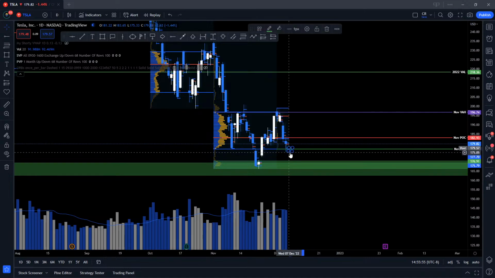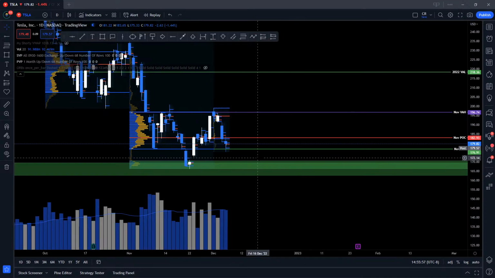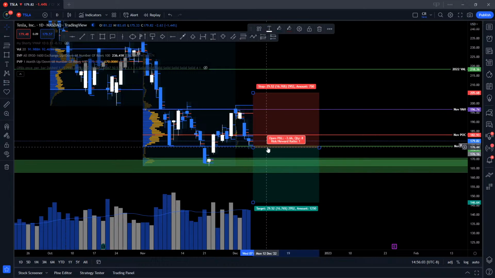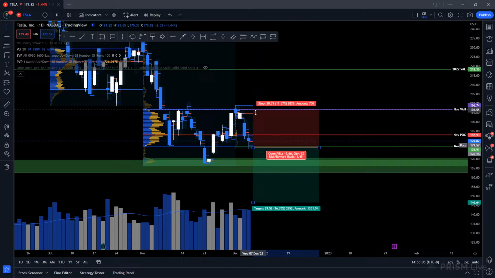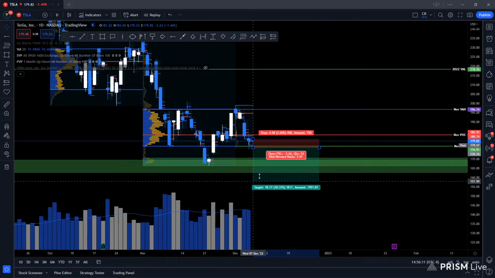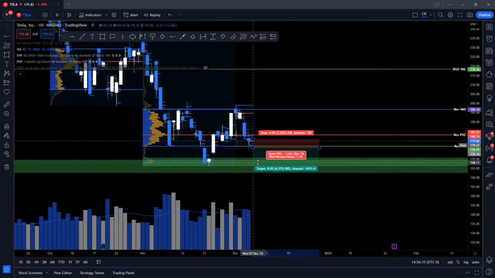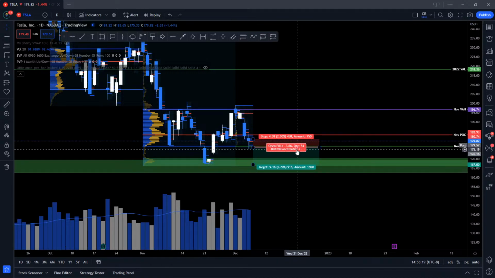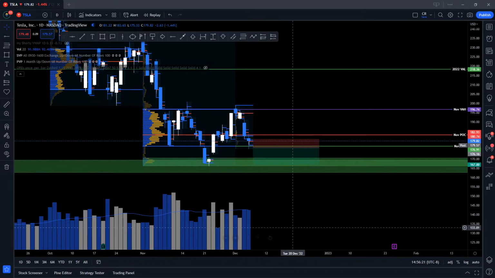Let me show an example with the short tool here. Let's say I take my entry slightly below the line. Stop loss, take profit. And there's your trade, and you're getting 1 to 2 risk to reward.